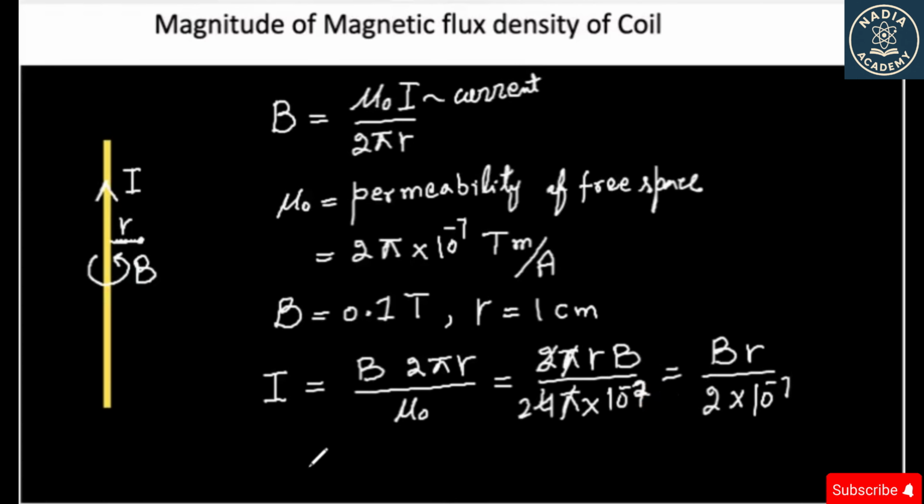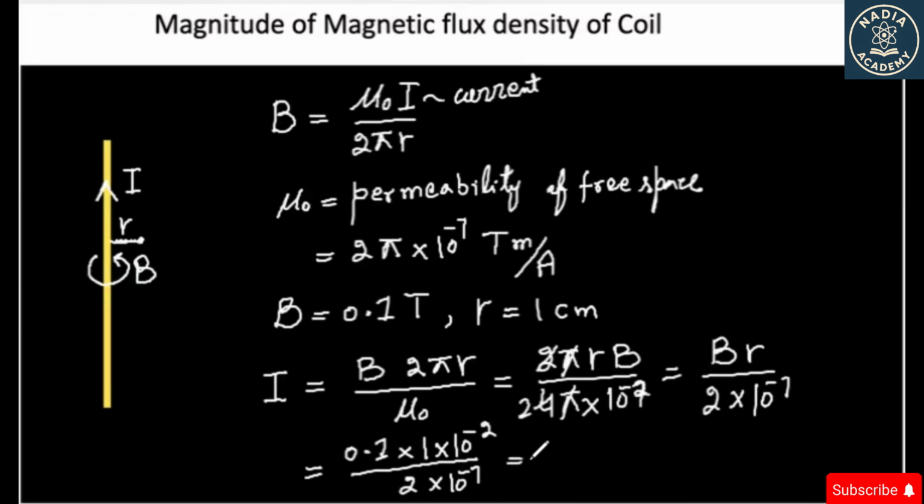Now we can put in these values: B, what we want to generate, is 0.1 Tesla. Tesla is the unit of magnetic flux density, and r is 1 centimeter, meaning 1 into 10 raised to power negative 2, divided by 2 into 10 raised to power minus 7. This minus 7 moves from the denominator and becomes positive 7, and there is a negative 3.